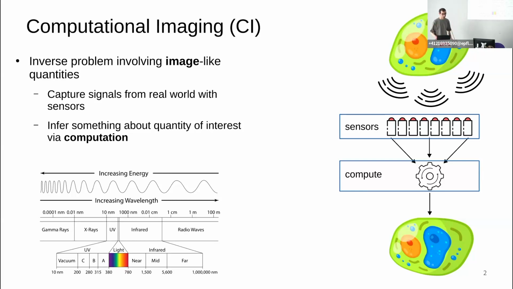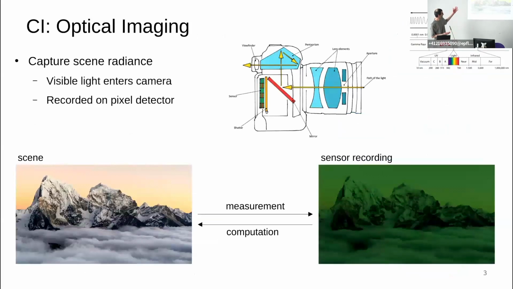So I'm assuming most of you are from an optics background, so this will not be surprising to you. When we have a camera, we have the radiance of the scene we want to capture, and then what you actually measure in the camera is not the original scene. It's a pixelized version of it through a Bayer filter that's blurred, et cetera.